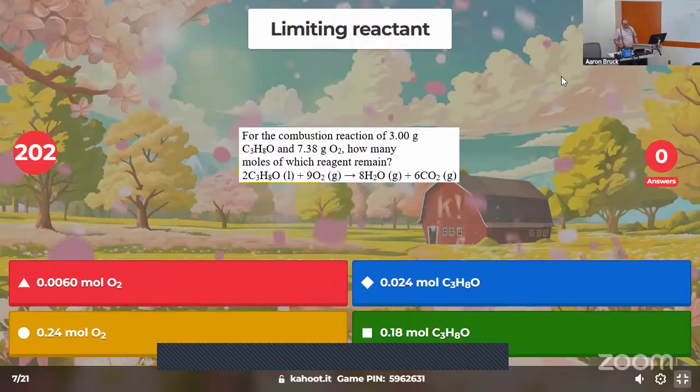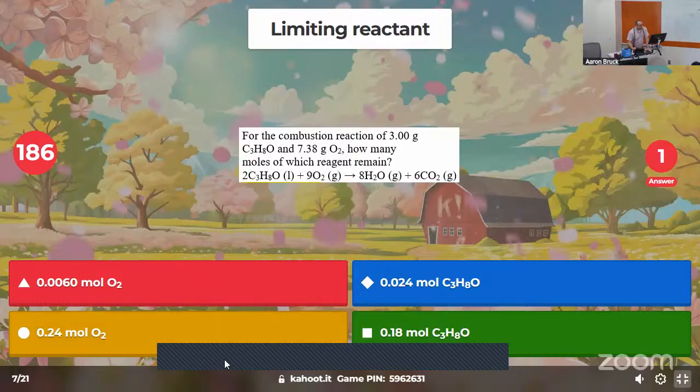First thing that I would do in this particular scenario is find out how many moles of each reactant I have, and that would be used to help me eliminate options.